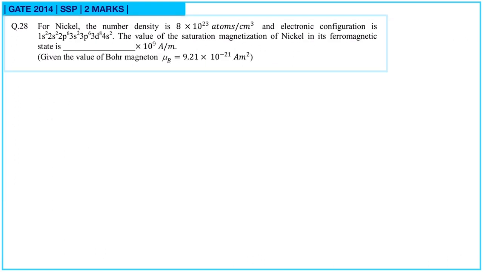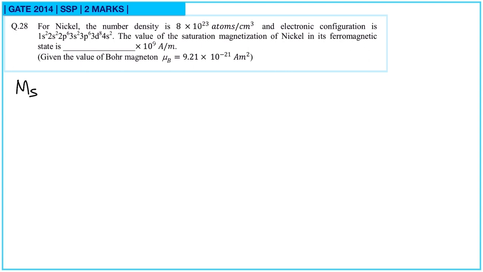Next question. For nickel, the number density is 8 into 10 raised to 23 atoms per centimeter cube, and electron configuration is given. The value of the saturation magnetization of nickel in its ferromagnetic state is. Now saturation magnetization is the maximum value of magnetization. That is when all the magnetic dipoles of an atom are aligned towards the field.